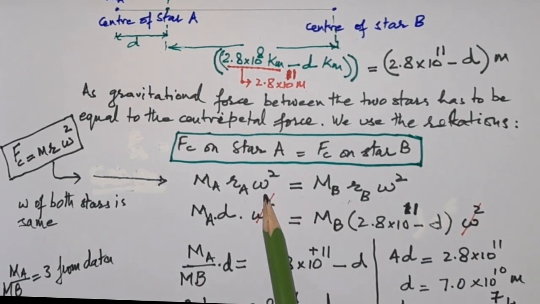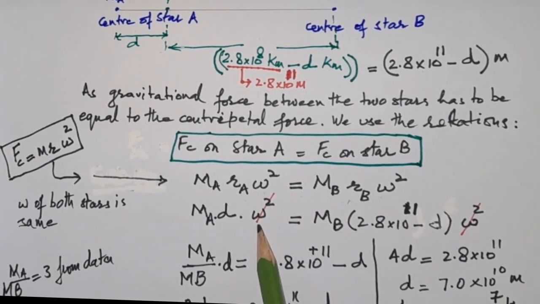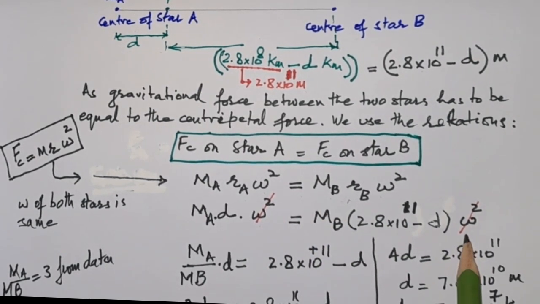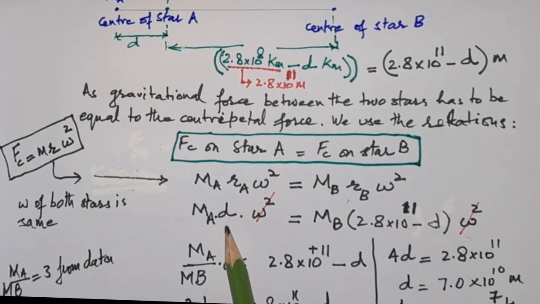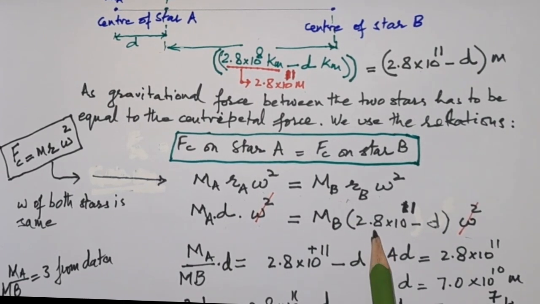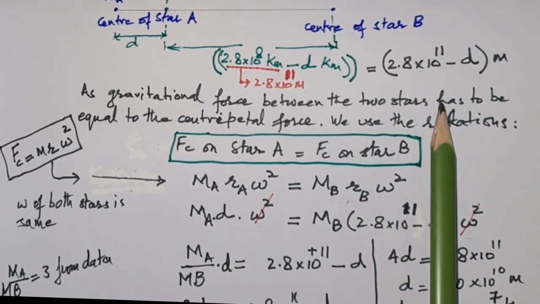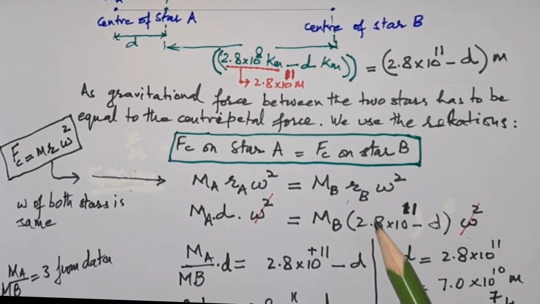Now, omega of both stars is equal, so we can cancel them. RA, the distance of star A from P, is d, and the distance of star B from P is this much, as we have already stated above.